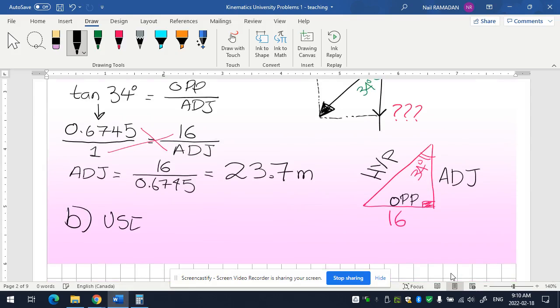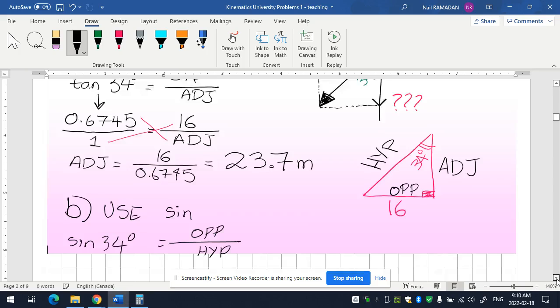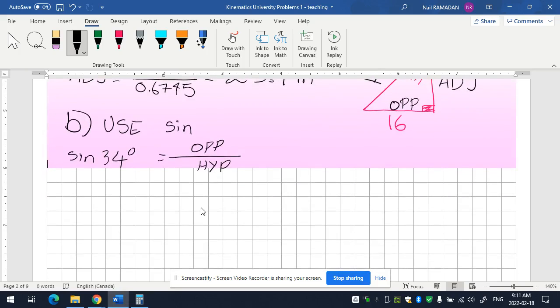use sine or Pythagorean, but let's use sine because we have everything exact up to the sine. So that means we can say sine of 34 degrees equals opposite over hypotenuse. Again, by the way, you can actually do it with symbols first.